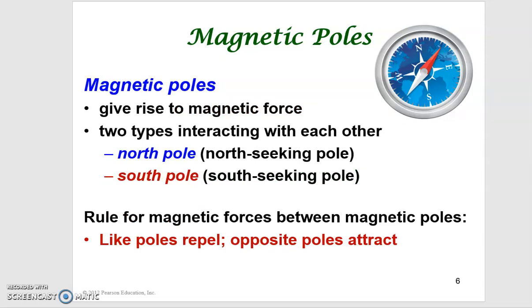Apparently, the magnetic poles, no matter whether north or south, can produce a magnetic force. And this force can interact with other poles. We can use a compass to measure the directions.